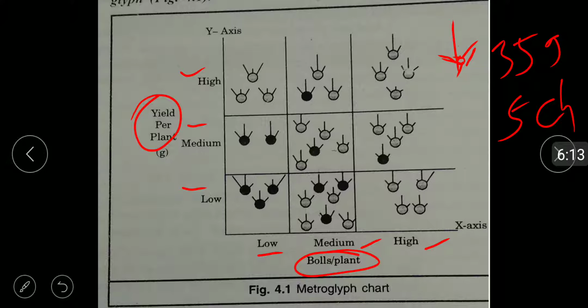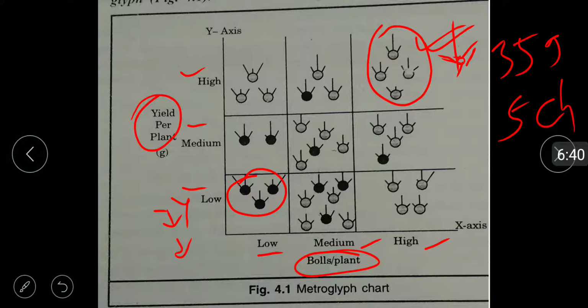With this graph we can analyze that these 4 genotypes have more number of bolls per plant and also high yield. Coming to this one, it has less yield and fewer bolls per plant.